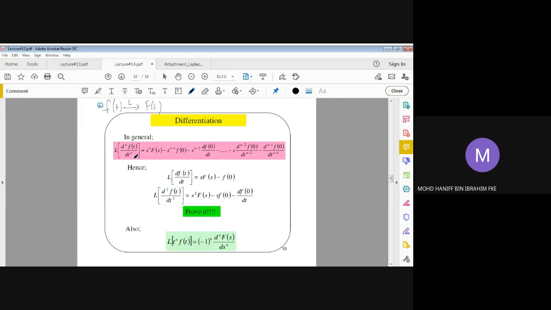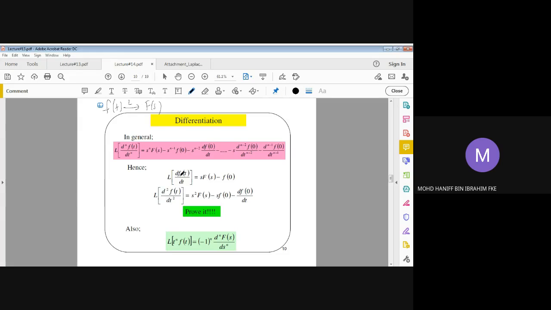If we have differentiation of f(t) of order n, that gives the Laplace transformation for the n-th order differentiation of f(t). But for our case, our interest will only be up to the second order of differentiation, so we have the first order and the second order.